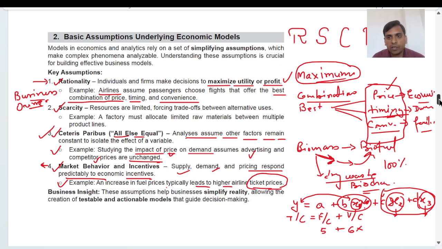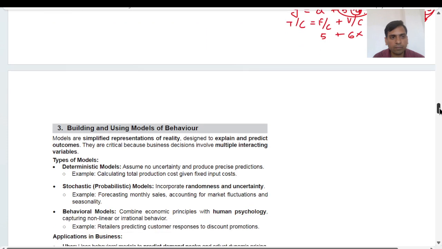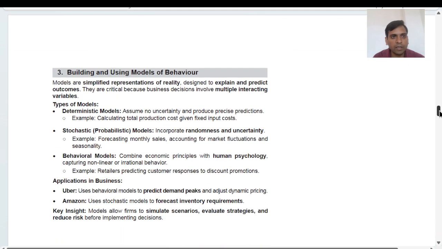Now the next point is building and using models of behavior. So in this point, models are simplified representations of reality. Models are what?